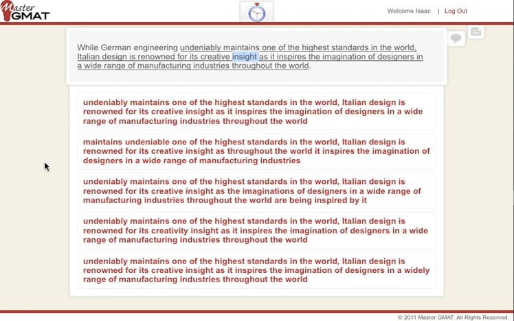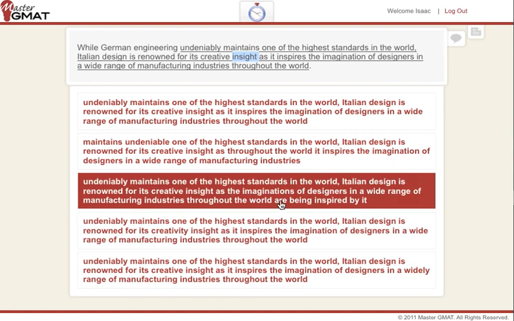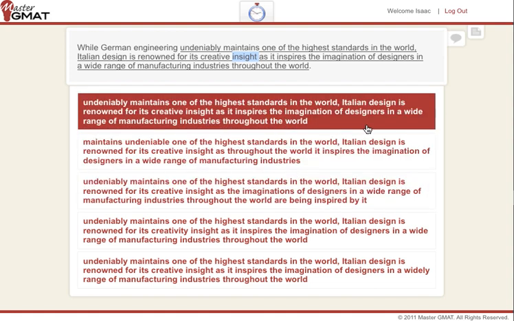Now, what's the difference between those two? Well, if you pay attention towards the end, C says are being inspired by it, as opposed to the original, where we don't have a passive, except for is renowned, but that's okay.